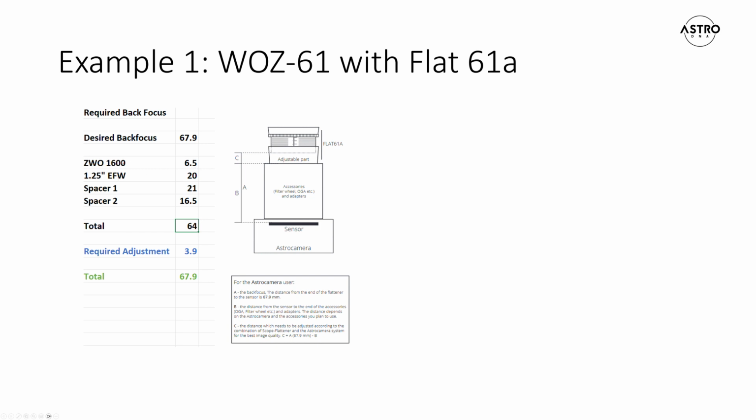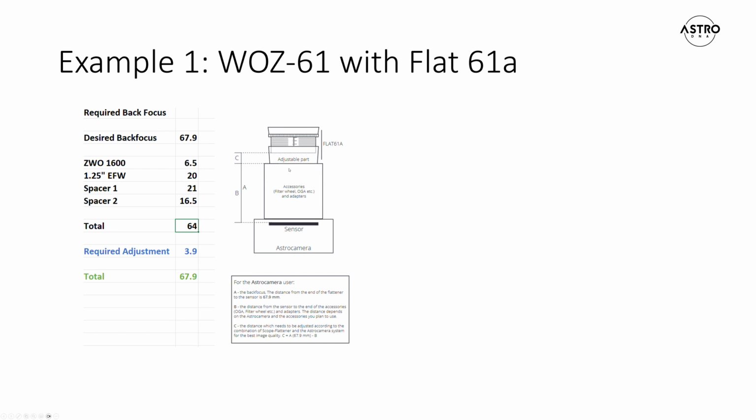I directly attach my camera to my electronic filter wheel that has a width of 20 millimeters. I then use two spacers, one 21 millimeter, another 16.5 millimeter, and that gets me to 64 millimeters, which is short of the required back focus that is published for this corrective optics.